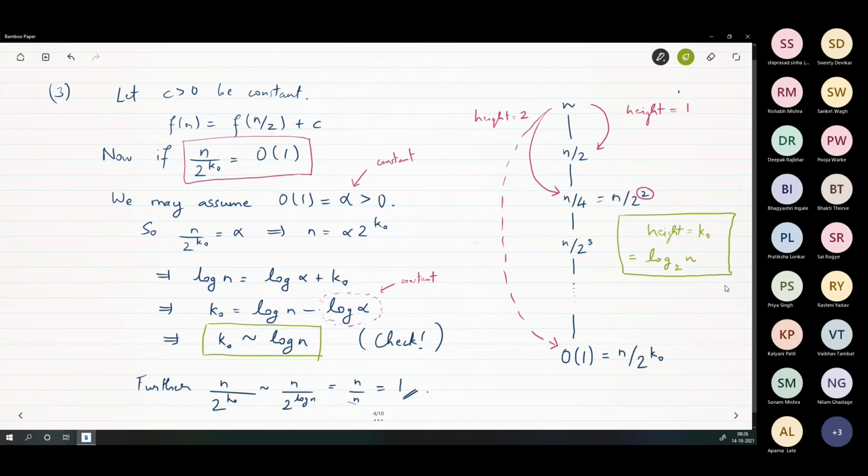The other thing to note here is n is reduced by a factor 1 by 2. N by 2, n by 4, n by 8, and so on.